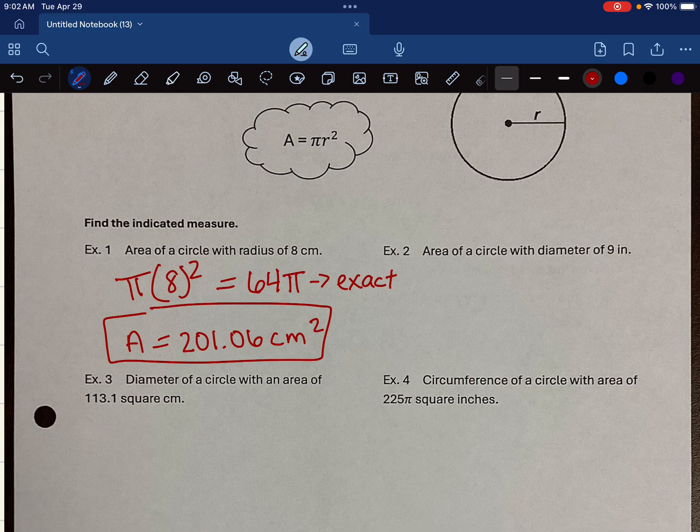All right. Same exact thing on example 2. The only difference is, would I use 9 for my radius? Nope. What would I use? 4.5. Okay? So, an exact answer, right? Remember, if it gives us diameter, we take half for our radius. What would be my exact answer here?